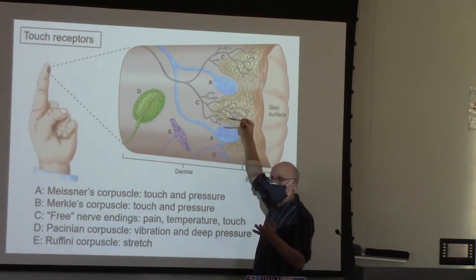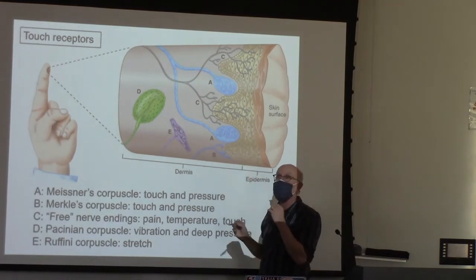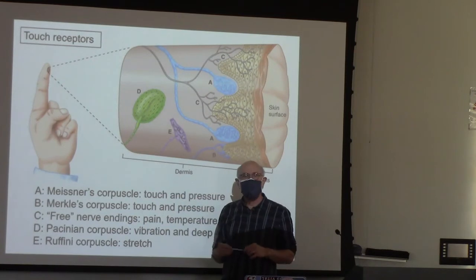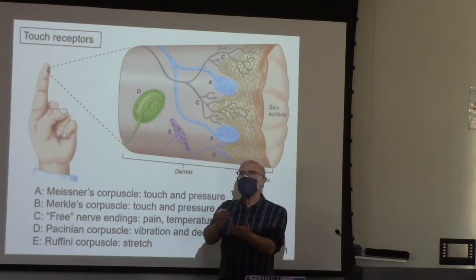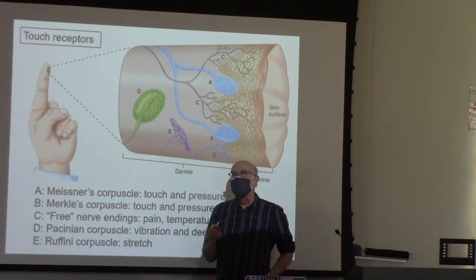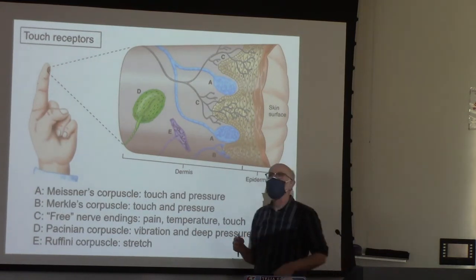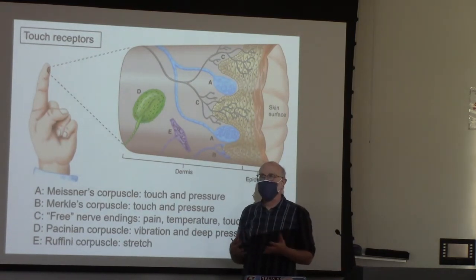They look different under a microscope of the skin. These are receptors that are detecting touch or vibration or pressure. How do they do that? There are things called stretch-activated ion channels.